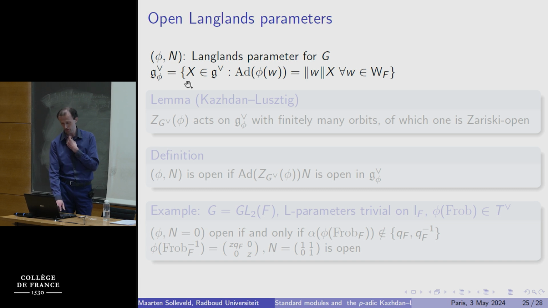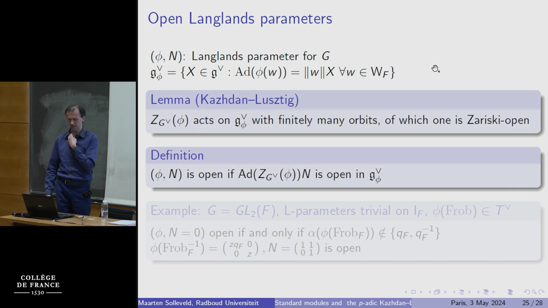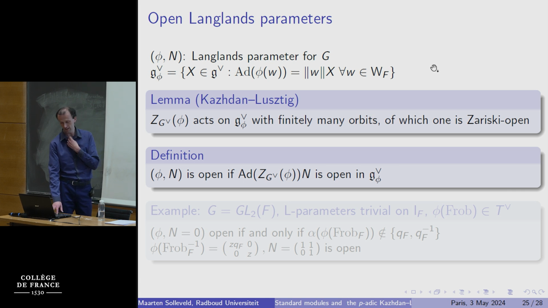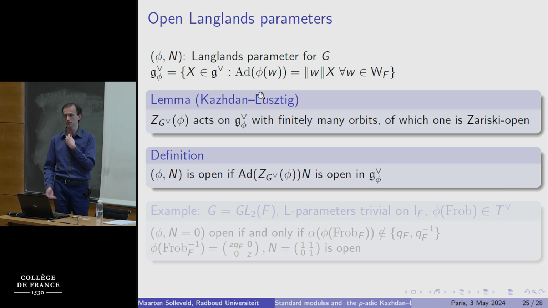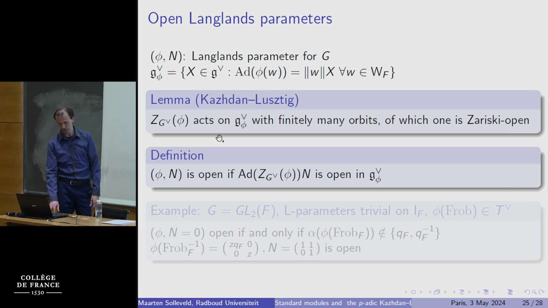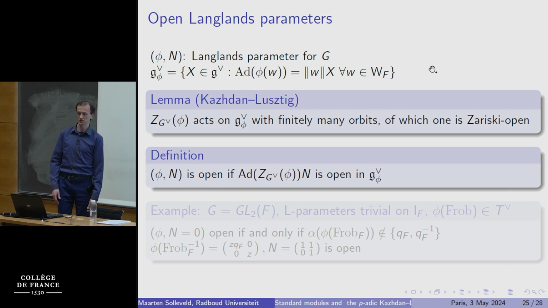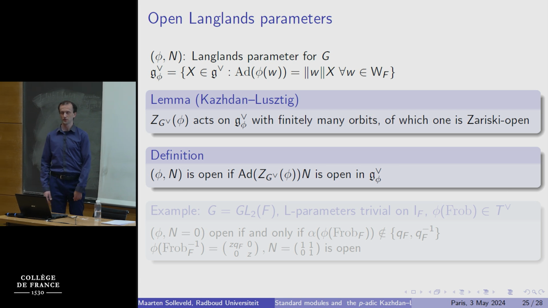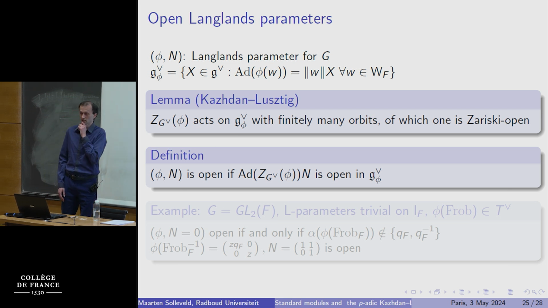The n must be chosen from this vector space. Well, it has been known since Kazhdan-Lusztig that the centralizer of phi acts on this vector space G phi check with only finitely many orbits, and in that case there's always one orbit which is Zariski open. And then you say a Langlands parameter is open if the nilpotent element lives in the open orbit of this vector space of nilpotent elements. That's a very natural thing to define, but I think that before 3 years ago I had not seen it.